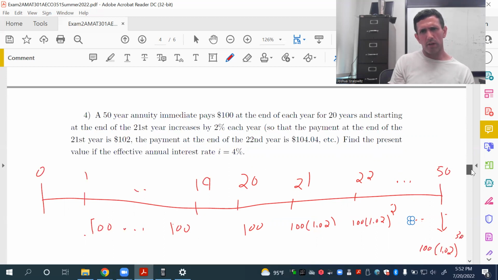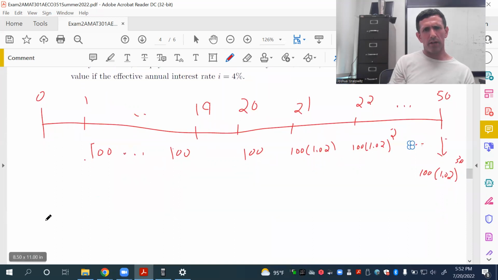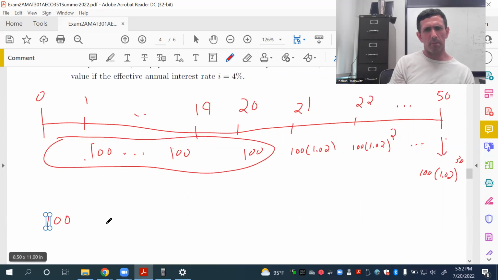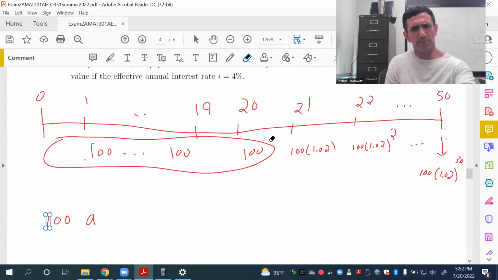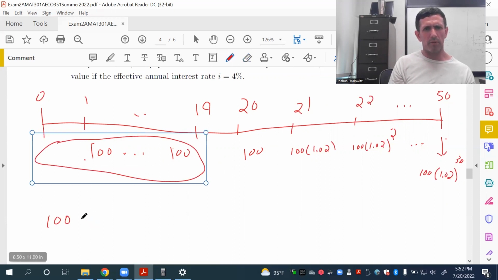Okay. So I want the present value. So I take the present value of my first 100 payments. So 100 a. I like to start a geometrically increasing annuity without increasing it. So let's just take the first 19 payments.